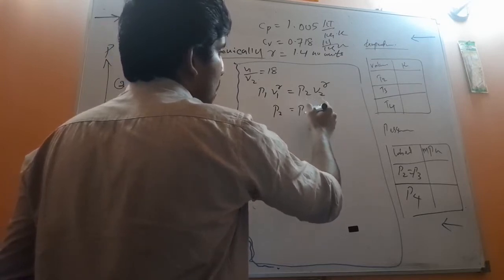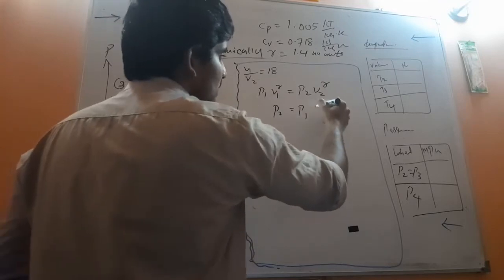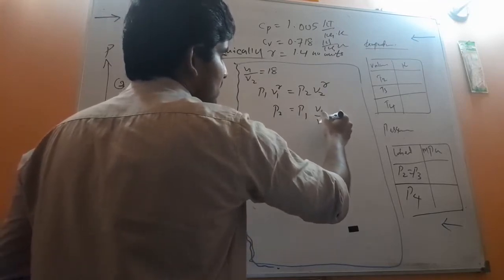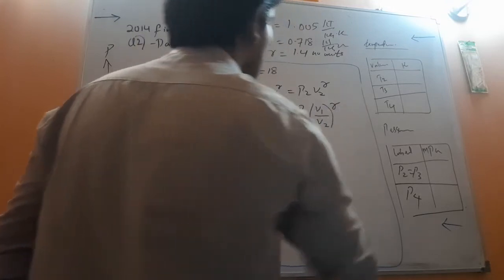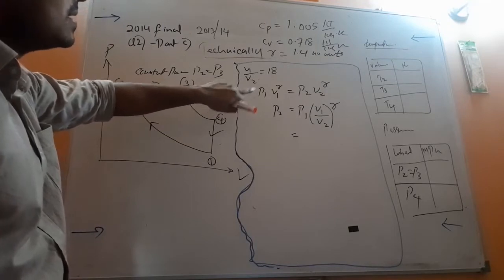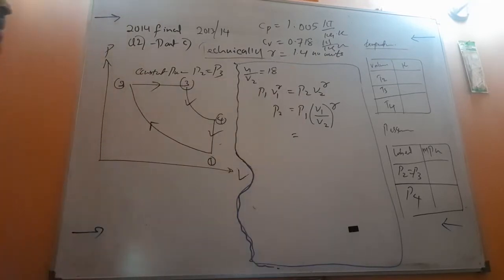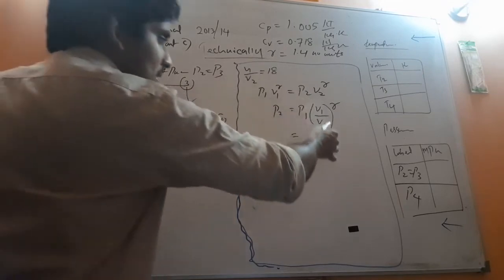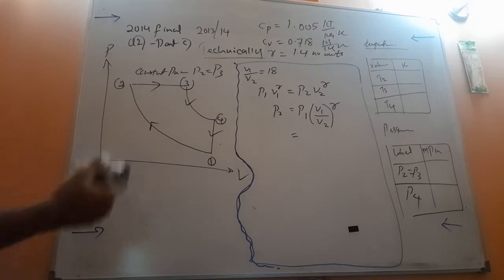P2 equals P1 times V1 divided by V2 to the power gamma. Am I correct? What is V1 divided by V2? That is the compression ratio, no problem. What is P1? The original.